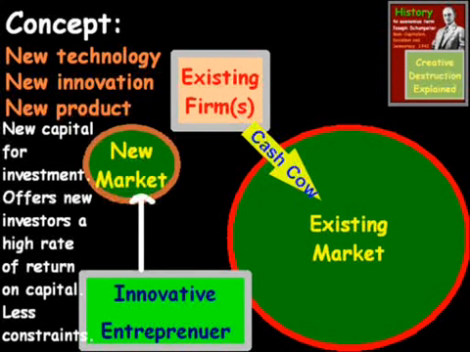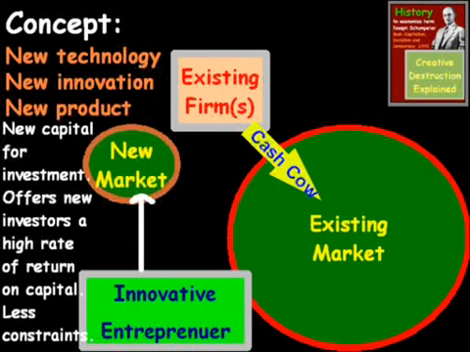They offer investors a high rate of return on their capital, which makes it attractive. It's risky going into a new market, but if you can make 30 times your money, or 100 times, or even 10 times the money you invested, it becomes worth it. The innovative entrepreneur has much fewer constraints than the existing firm does.